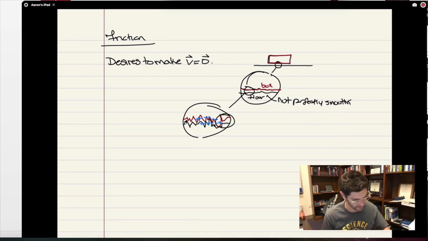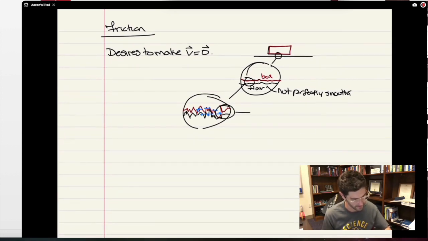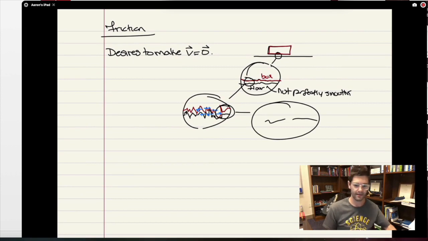You could ask even what's going on even more. You could zoom in even more and ask what is going on at the most fundamental, deep down molecular level. We would say friction is actually an electromagnetic force. If you really were to zoom in at the point of contact between the box and the ground, things are close enough that the molecules that make up the box and the molecules that make up the floor are electromagnetically interacting with one another.